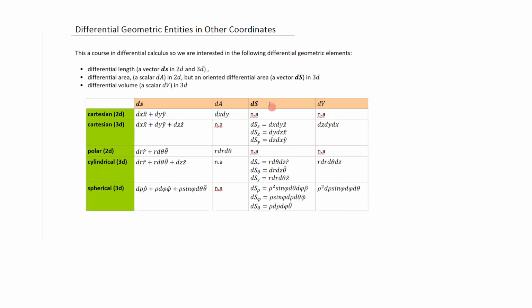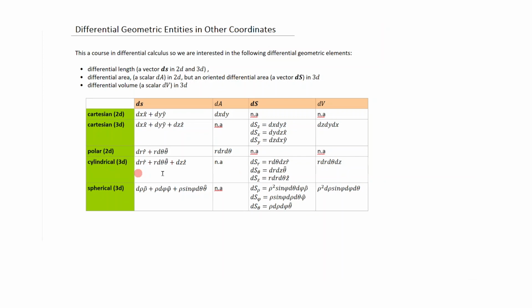As far as the differential surface area is concerned, we don't normally use this in Cartesian 2D or polar 2D, because in 2D there is no orientation, it's just in the plane. However, in 3D, the particular coordinate systems we're concerned with, which are Cartesian, cylindrical, and spherical, we do have an oriented area. In 3D, there are three principal planes, dxy, dyz, and dzx. Because they're oriented, they're normal to the plane, so z hat, x hat, y hat. You can see this is ds subscript z, representing the component that's a vector pointing in the z hat direction.